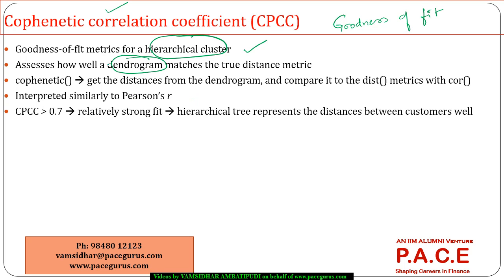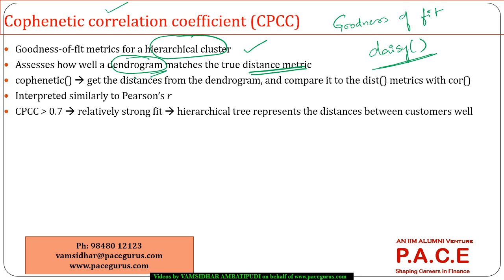It primarily assesses to what extent the dendrogram, whatever got created using the plot, is close to the true distance metric. We have already computed the distance between the variables. The daisy function has computed the distances between the actual variables.